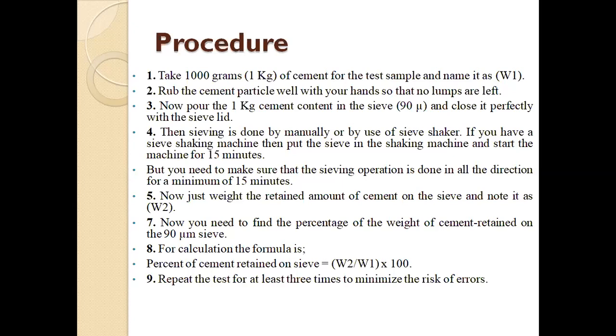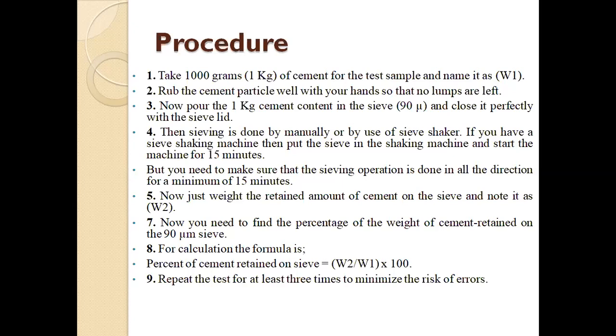Now you need to find the percentage of the weight of the cement retained on the 90 micron sieve. So the percentage of the cement retained on the sieve is equal to W2, the weight of the cement particles retained on the sieve, over W1, the weight of the cement particles taken for the sample.